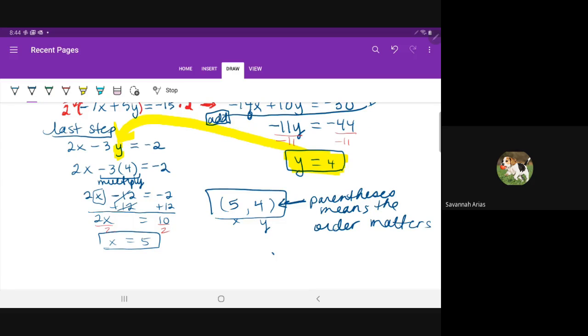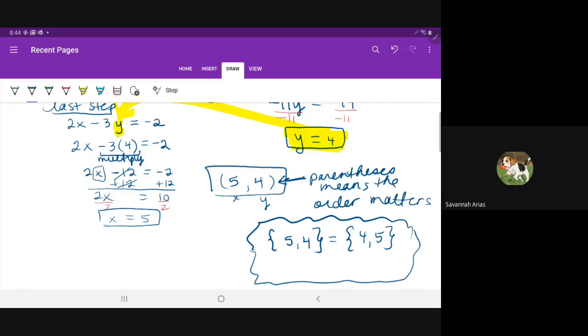Okay, because there's going to be something else in math. You don't have to write this down, but later on, if you write it this way, it means the order doesn't matter. So this is the same thing as 4 or 5. In the future, this means order doesn't matter.